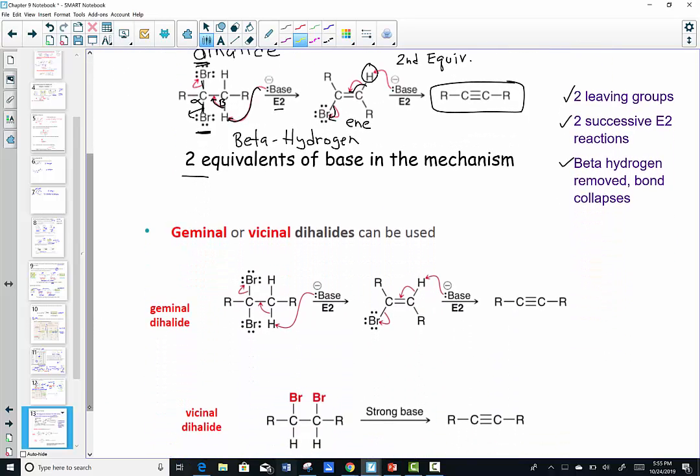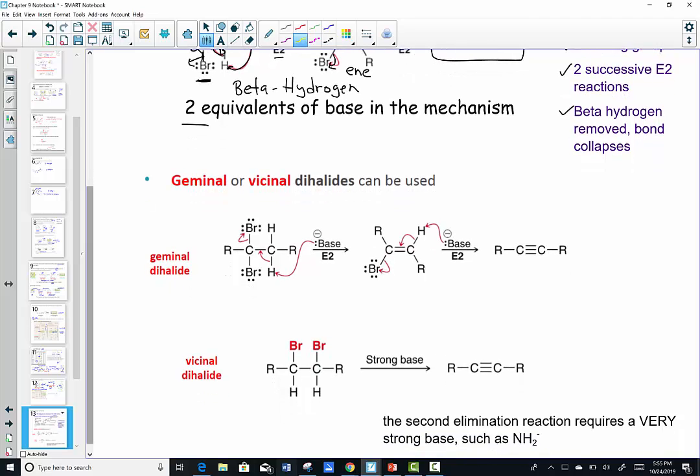And let's emphasize, it really doesn't matter whether the bromines are on the same carbon in that carbon chain. If they're on the same carbon, the definition is called a geminal dihalide. But notice that I still end up with a triple bond because the abstraction of the beta hydrogens occurs in a stepwise fashion.